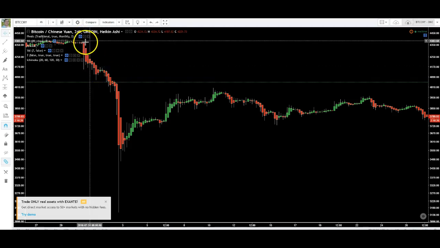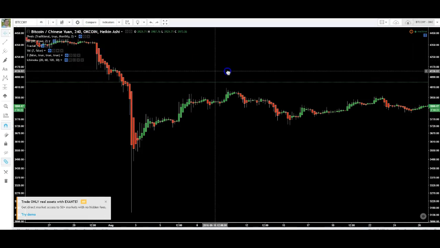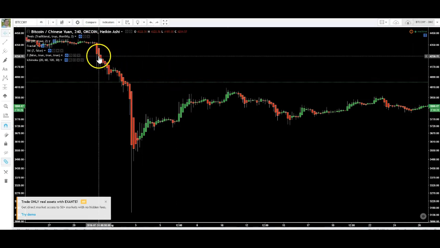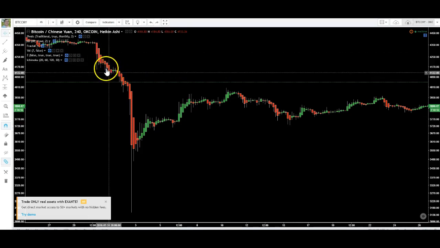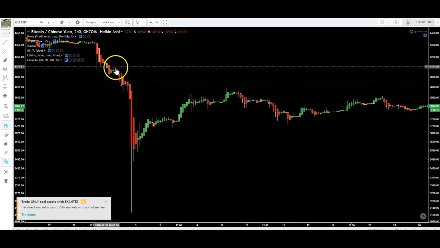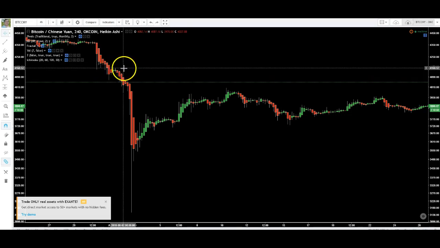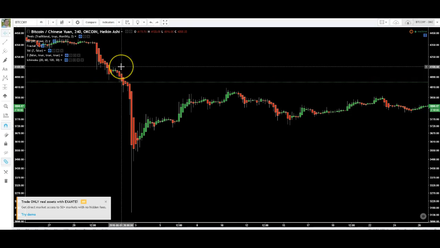Okay, so if you got in on this second candle, let me just scroll this over. Got in on the second candle, right? And you're just following it. You just hold the trade, the short in this case, until you see a doji. When you see a doji, you put your stop right above the doji.